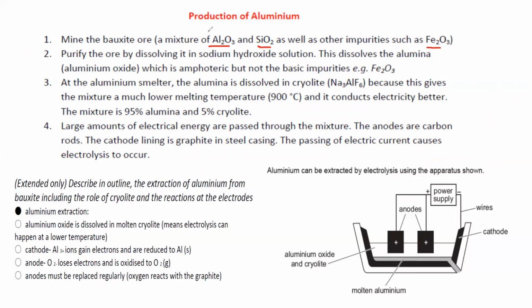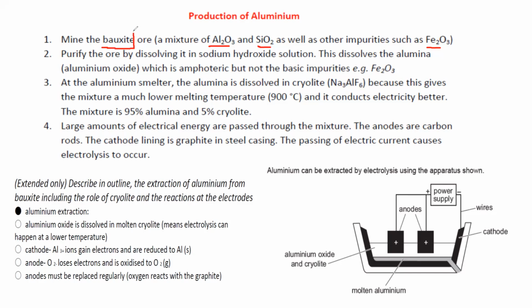And what we call this ore of aluminium, ore meaning a naturally occurring compound. In nature, aluminium exists as aluminium oxide and contains some impurities such as silicon oxide, sand, as well as iron 3 oxide.